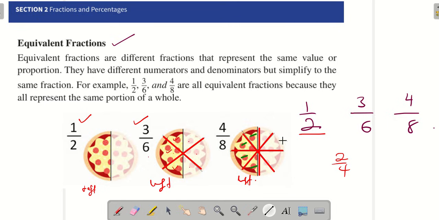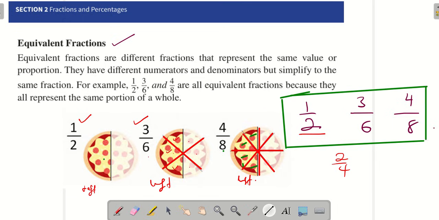So it means that we have 4 out of 8, and it is still the same region, still half. That same shaded region has now become 4 out of 8. So that establishes the fact that these fractions are equivalent fractions, even though their denominators are different.